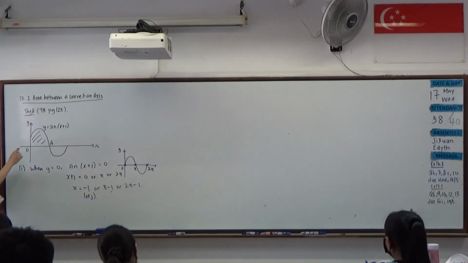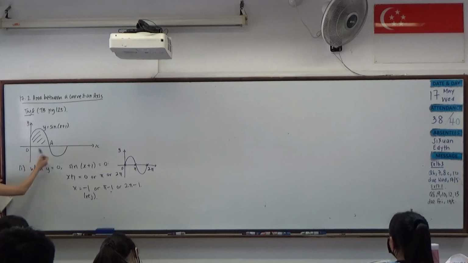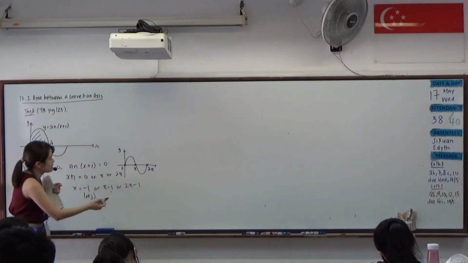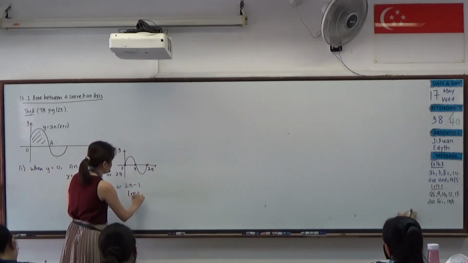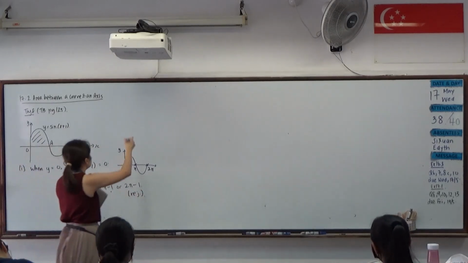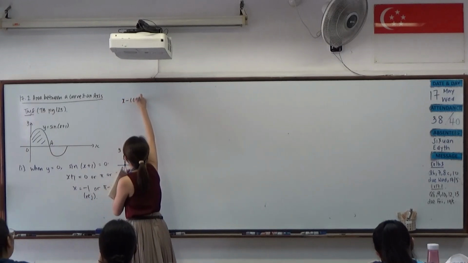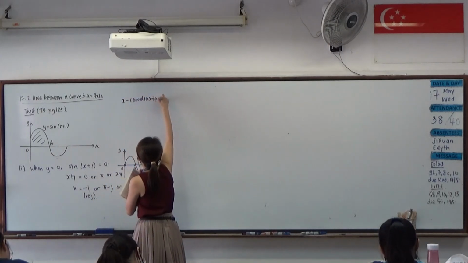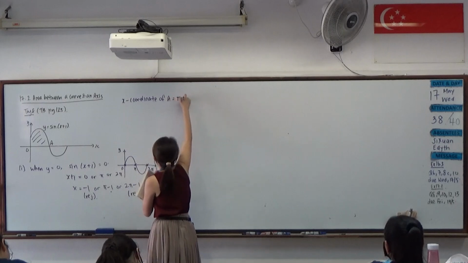And since this is the first encounter on the x-axis, 2 pi minus 1 is also not possible, which explains why the x coordinate of A will be pi minus 1.